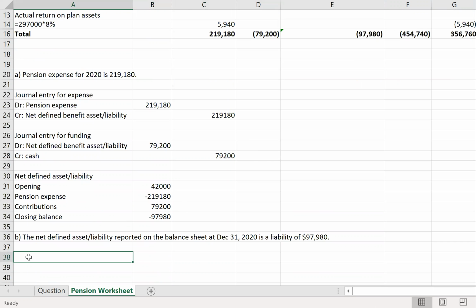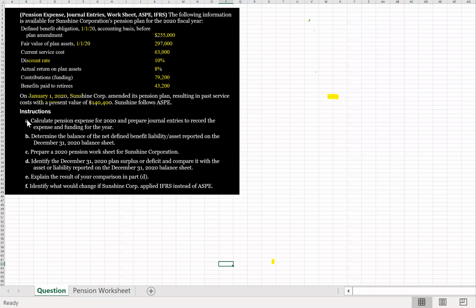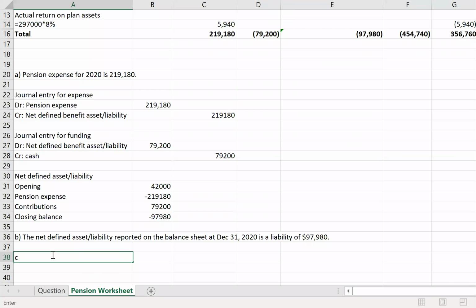Okay. So now we've dealt with A. So we've done A, we've done B. We definitely have C done. D is identify the December 31st plan surplus or deficit and compare it with the asset or liability reported on the December 31st, 2020 balance sheet. Well, that seems like kind of a silly question, but let's answer it.